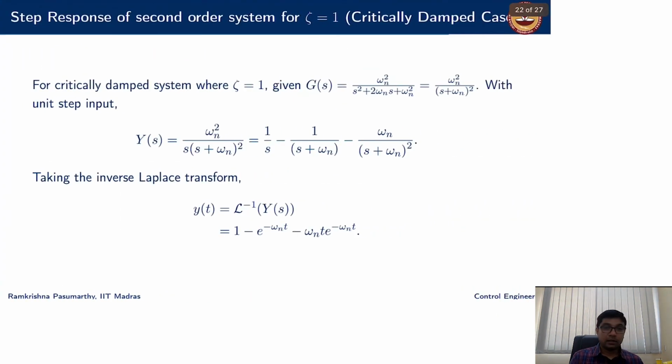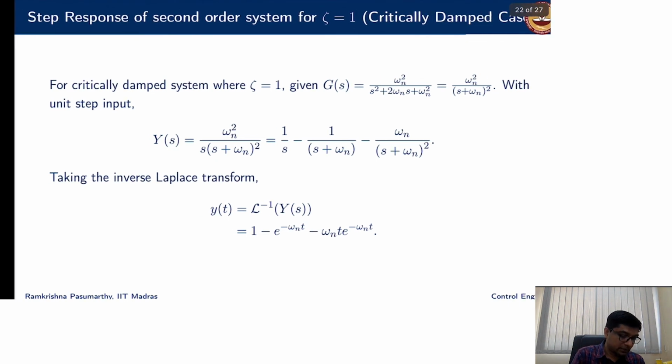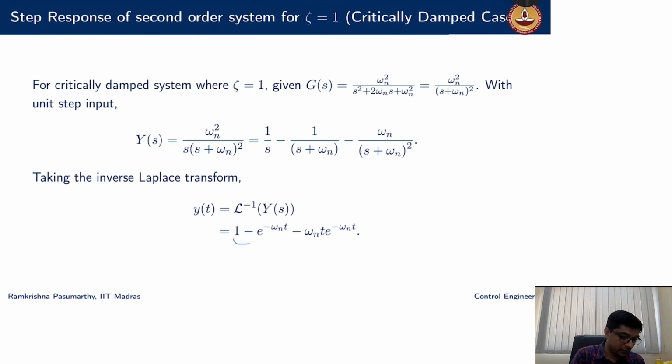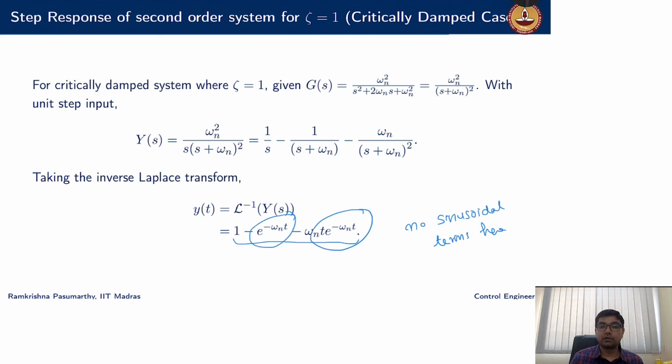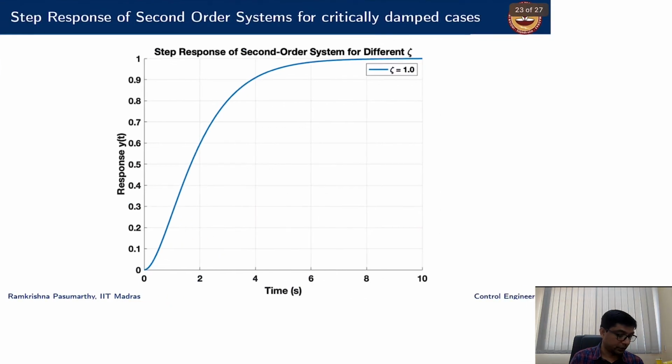Now when zeta equals 1, again I have a response which is the solution, and it looks like this. I see that there are no sinusoidal terms here. But you see that these two terms will just slowly rise to 1 because it's a step response.